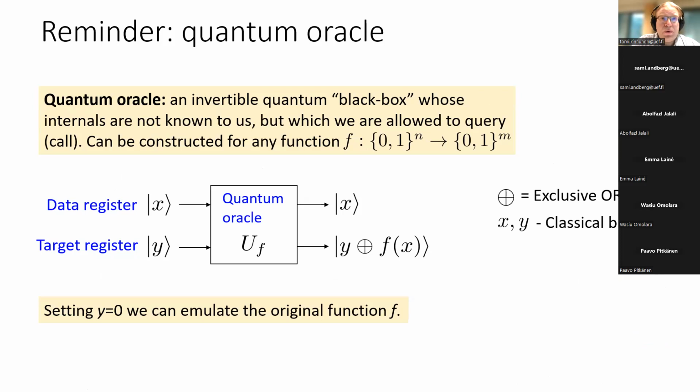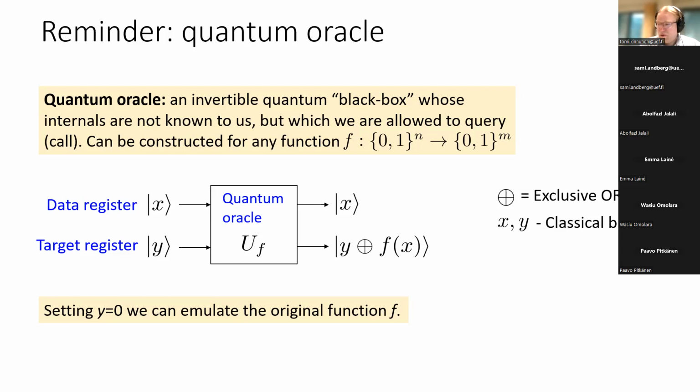For quantum computing, you already know that we need reversible circuits, invertible functions. So this oracle was a way to construct, for any given f, a reversible version, so that we can evaluate this function on a quantum computer.